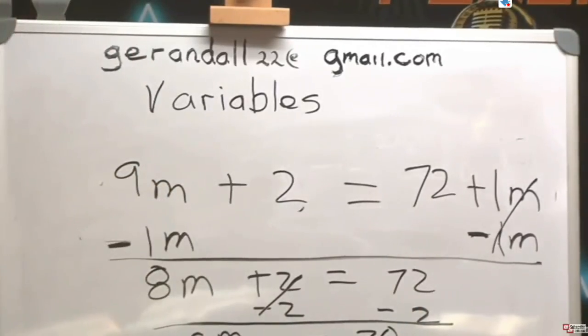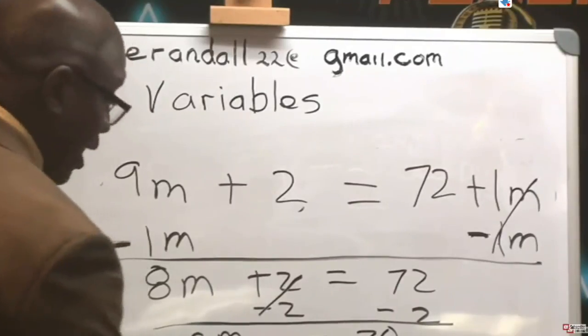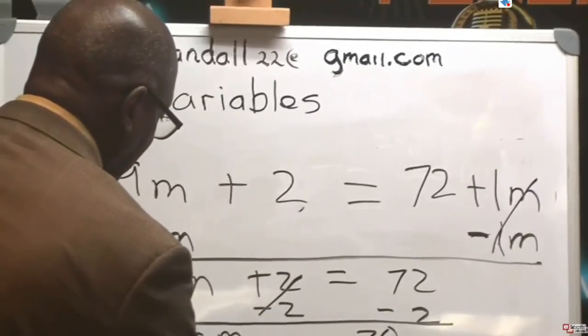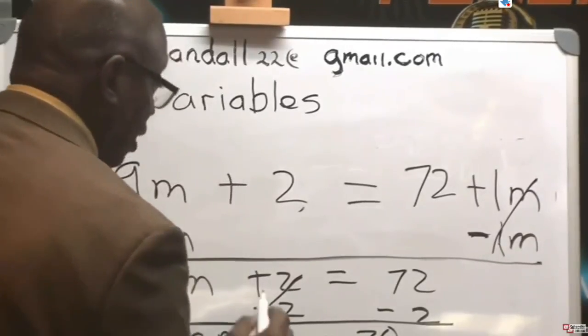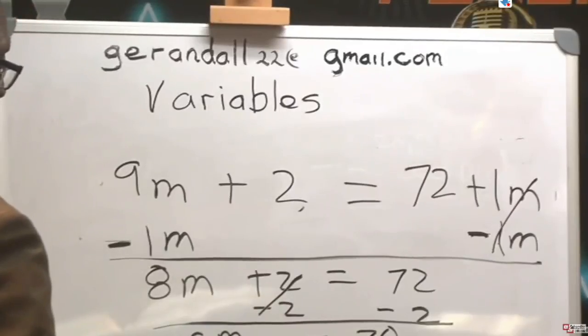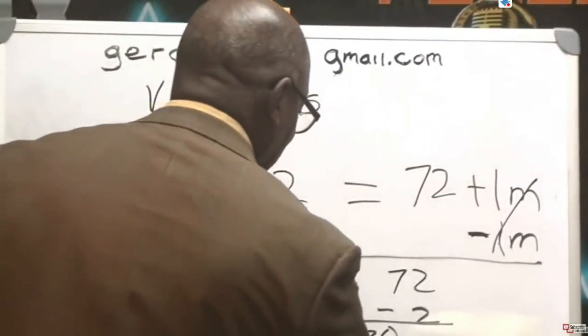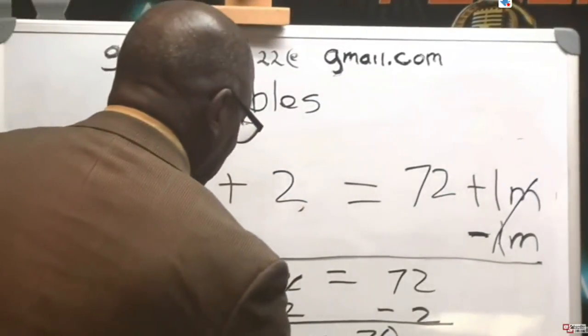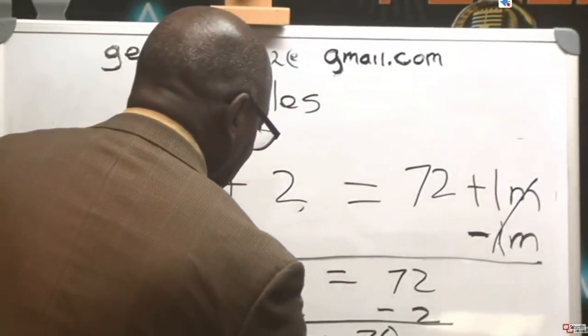How do you undo multiplication? The old cousin division. And now you're going to get that m by itself. Divide by 8. You're left with m. Whatever you do to one side, you must do to the other. m equals 70 over 8.